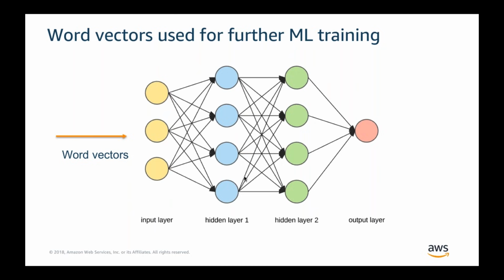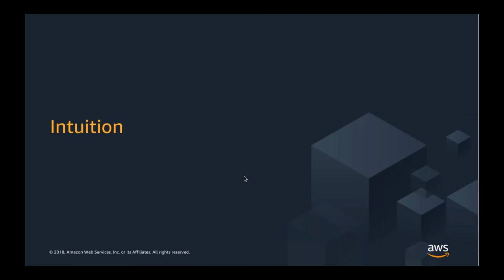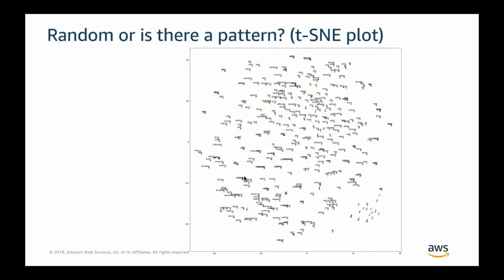So this is now in a nice form. But before we go into that, I want to see if there is any intuition behind this. Is there something that we can learn from these representations? Is this really random? Is there a pattern?